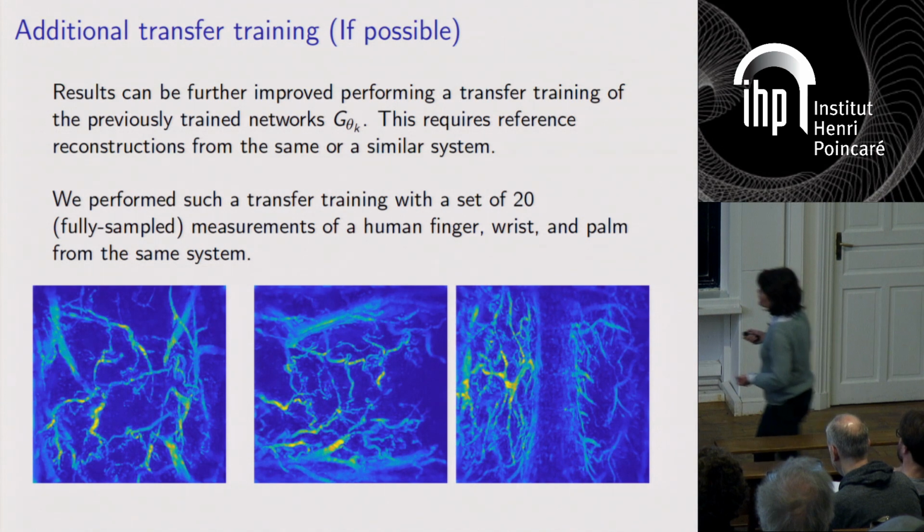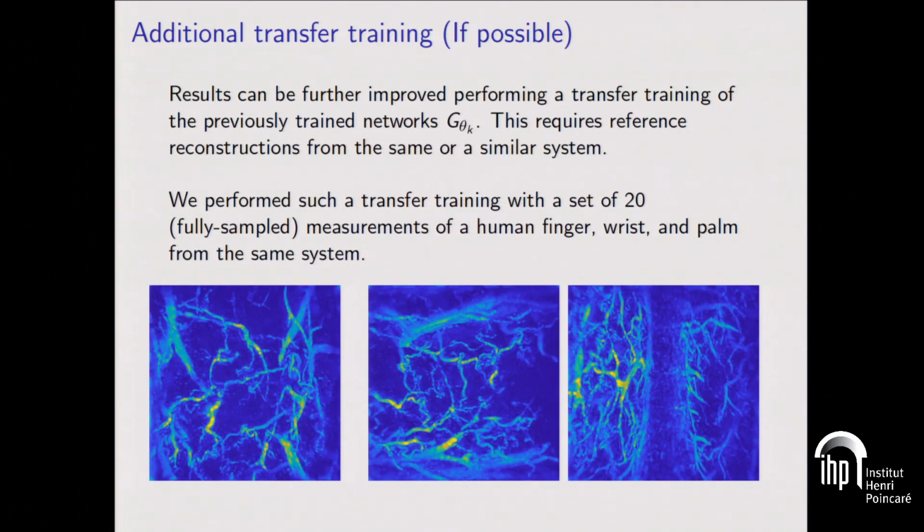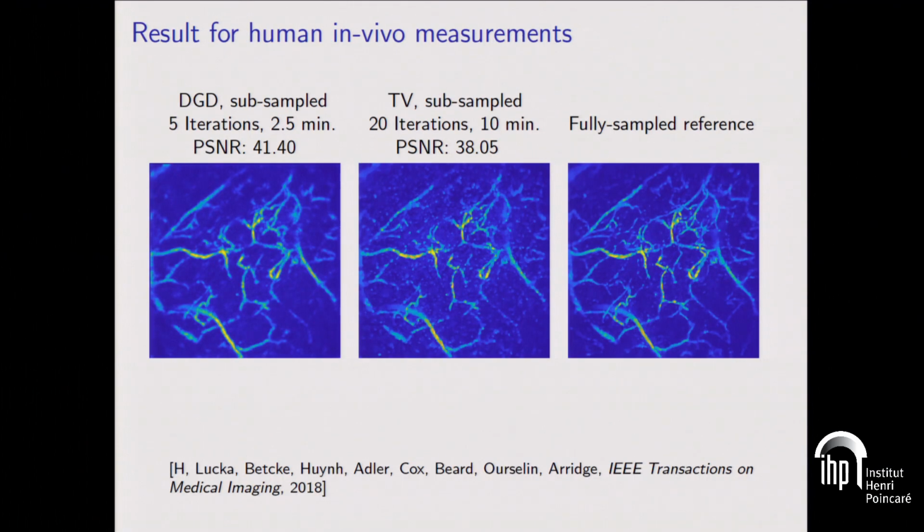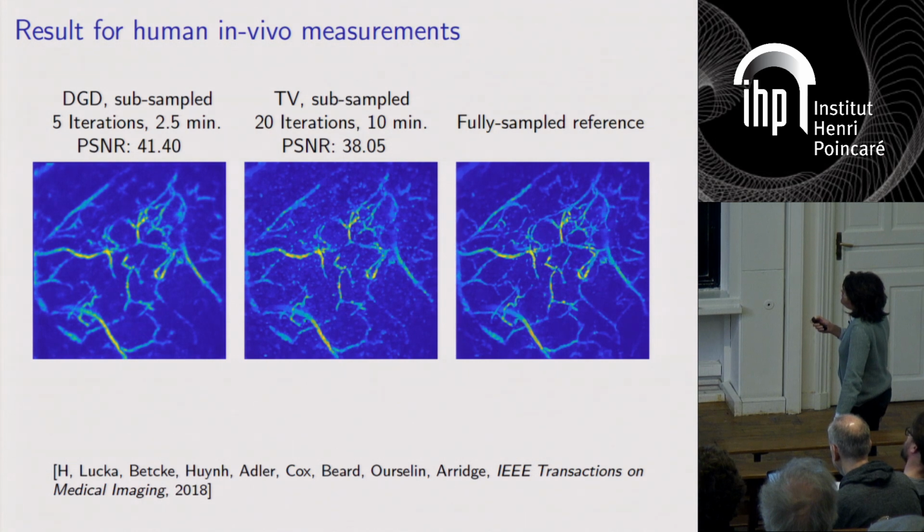There is no gold standard. This is the result after the retraining, and these are the corresponding results from 20 iterations of total variation. There's a fourfold gain in time to apply the learned method. And this is the fully sampled reference reconstruction.